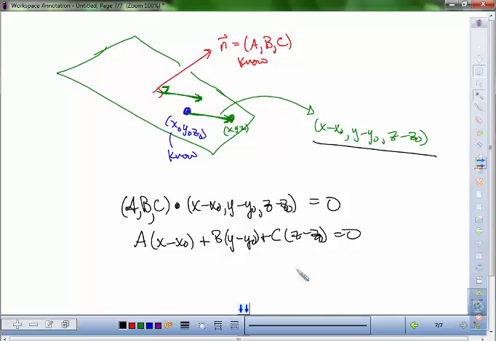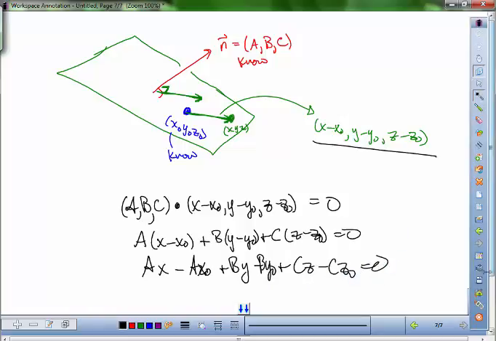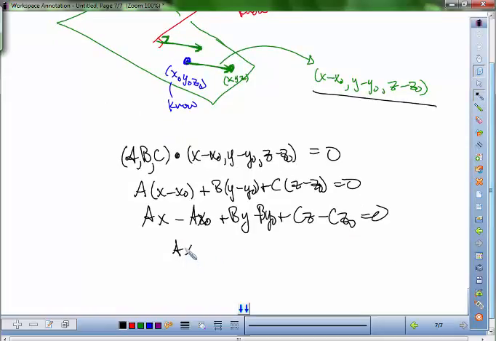But usually people do a couple of other things to massage it a little bit, to get the kinks out. If you multiply everything out, and do one more thing: the x naught, y naught, and z naught are a known point, and x, y, z is an arbitrary point.